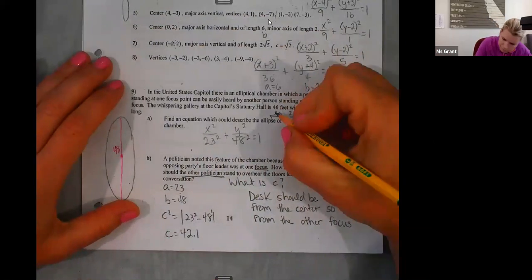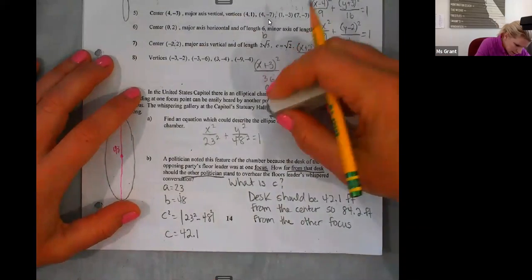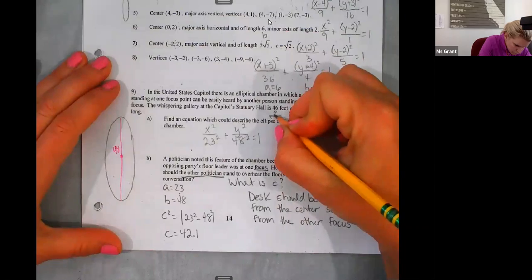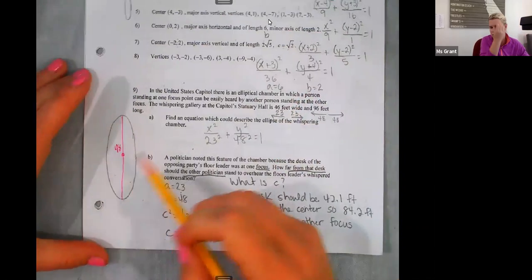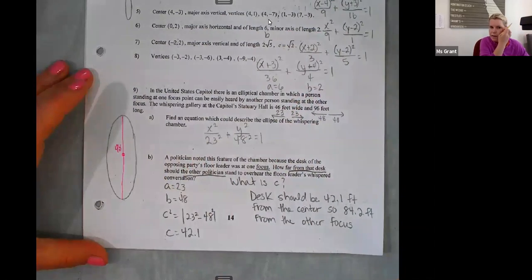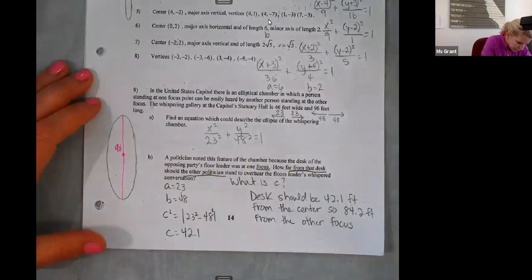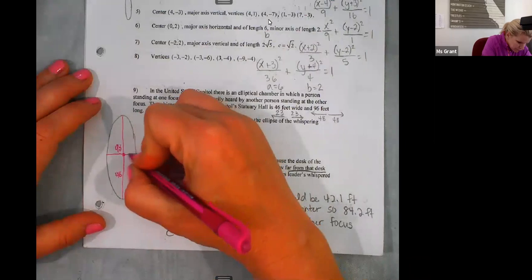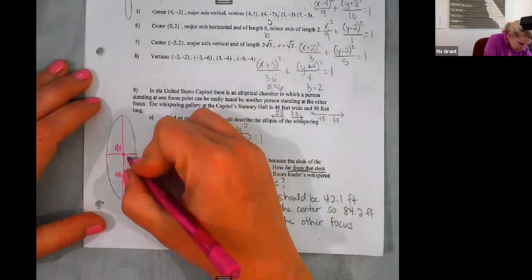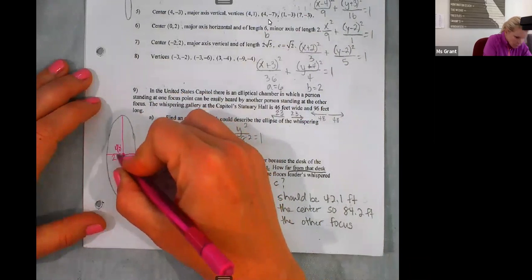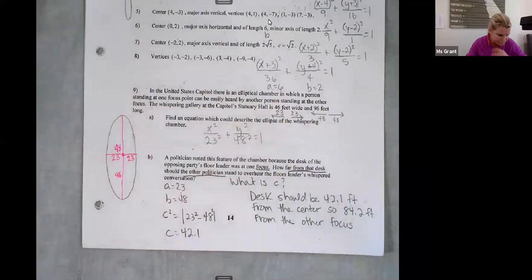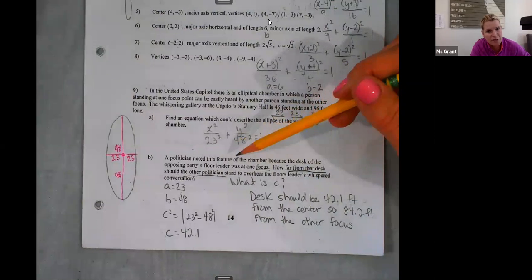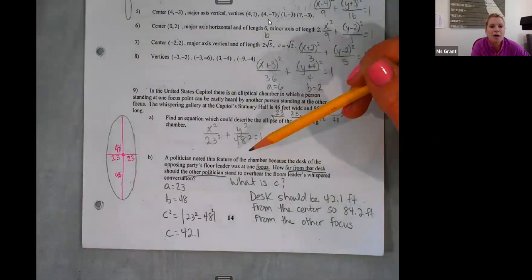Then it says, so I drew an equation showing you like 48, one, and 48, another, 23 and 23, right?